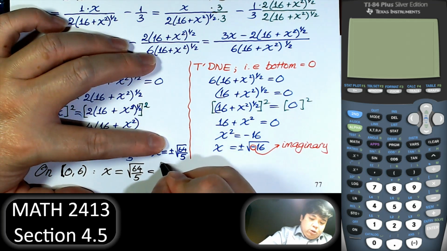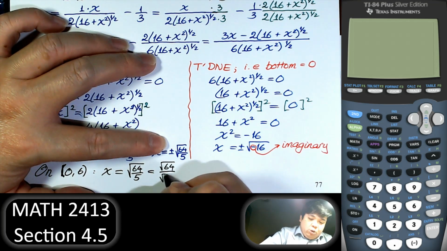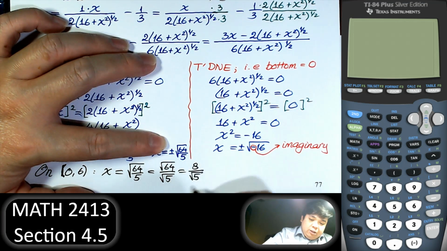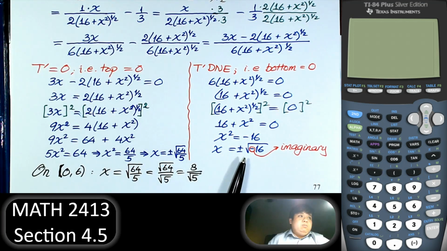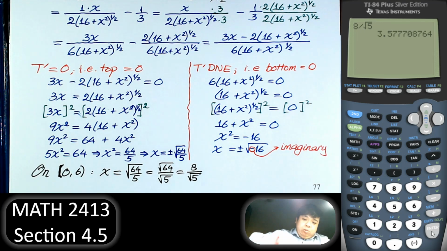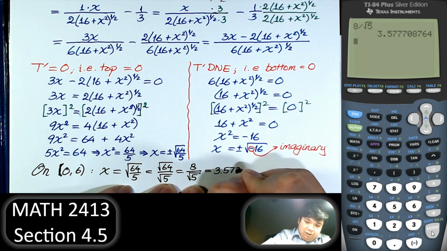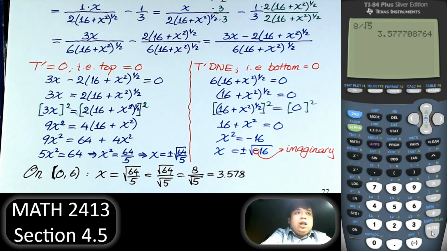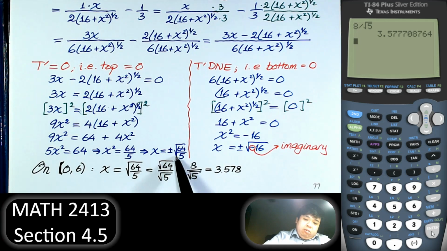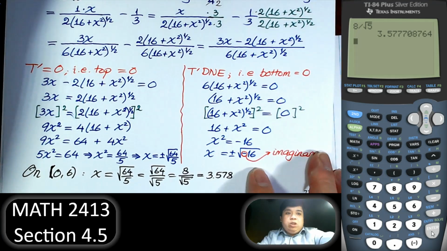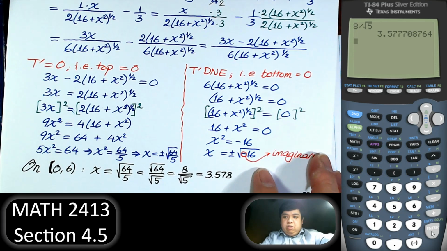Or we can write square root of 64 over square root of 5, or 8 over square root of 5. 8 divided by square root of 5 is about 3.578. So on that interval, there's only one critical point. Next, we go to a table to determine the values.